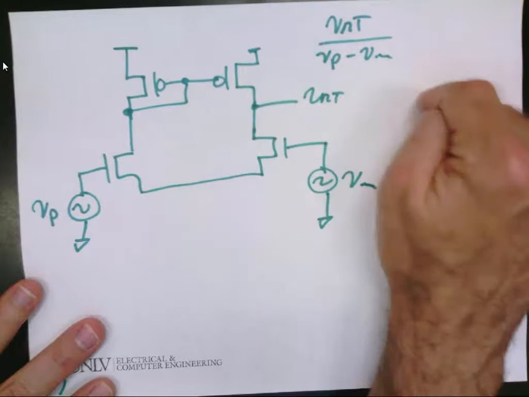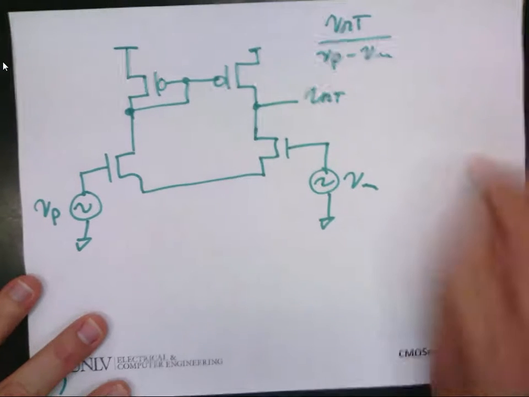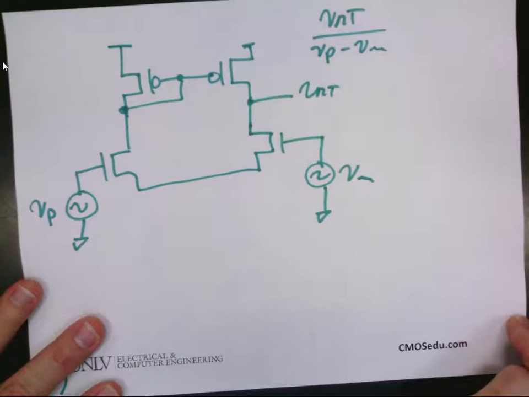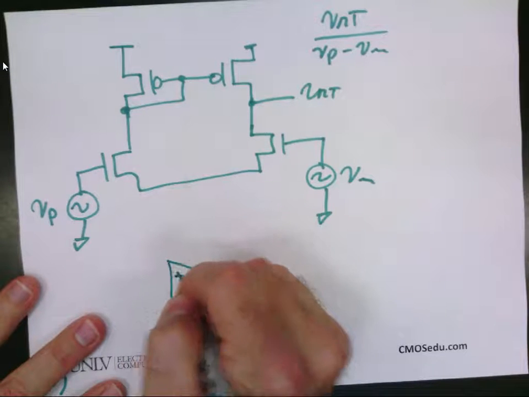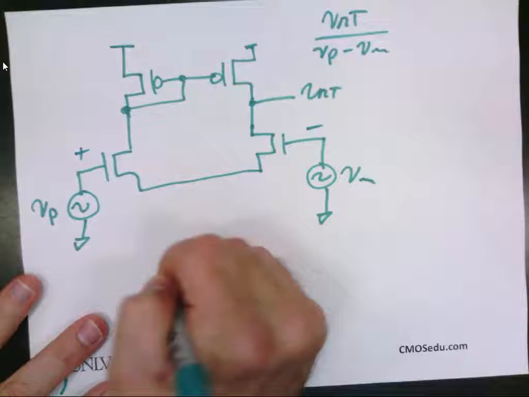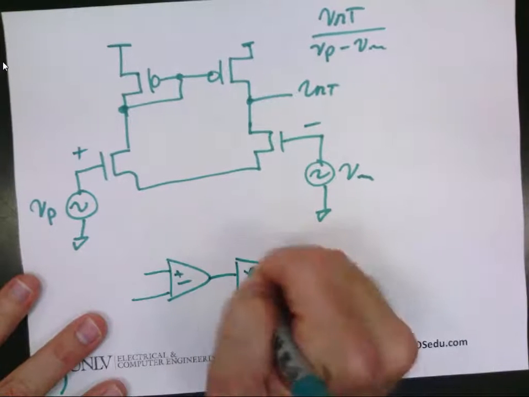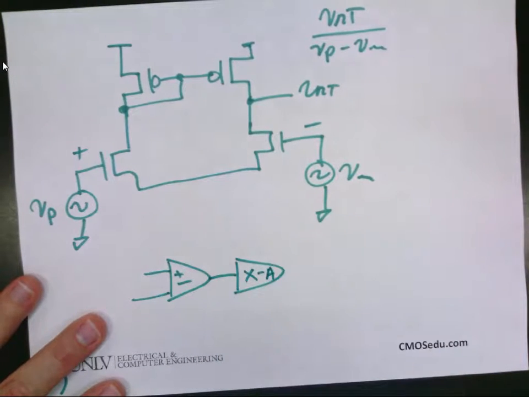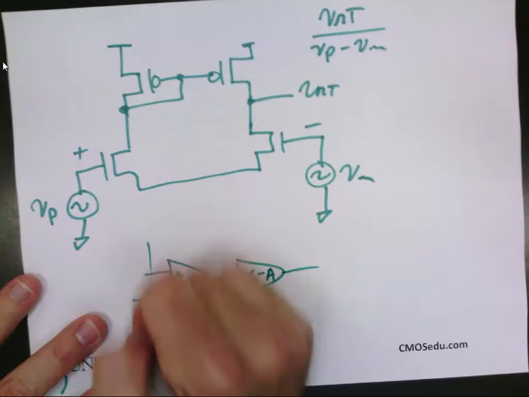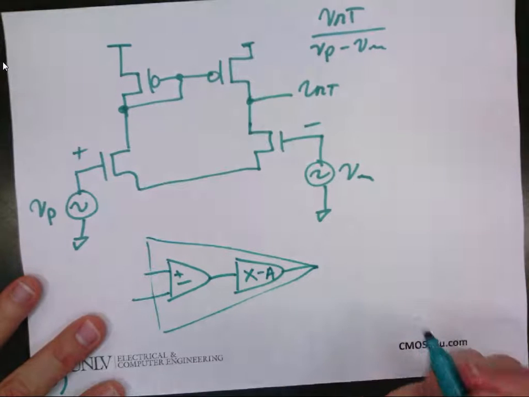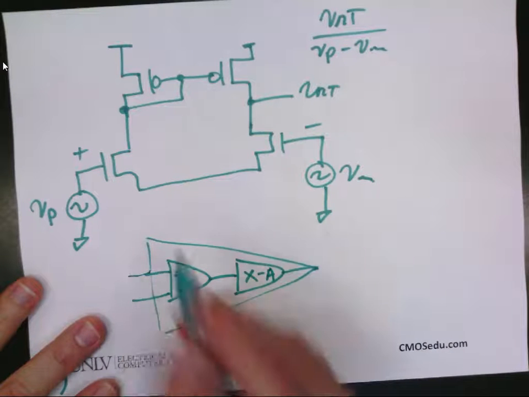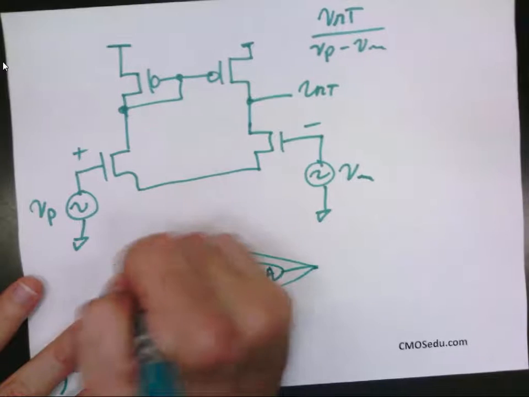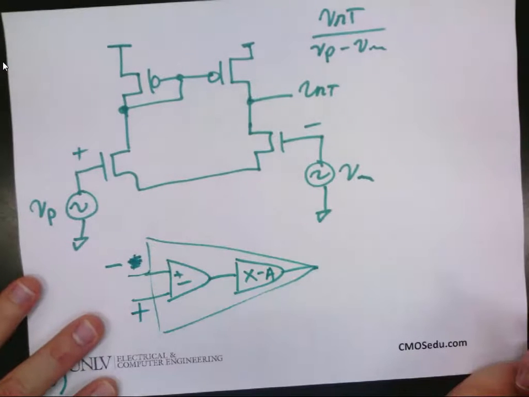If that's going to an inverting stage, that'll cause the output of the op-amp to go down. Does everybody follow that? So if I represent this diff amp like this, plus, minus, here's the diff amp, and then I put a negative gain stage there, and I call this whole thing the op amp, what happens here? Yeah, this becomes the negative, and this becomes the positive.